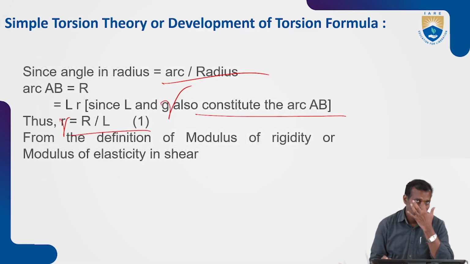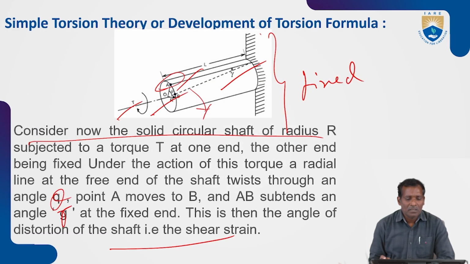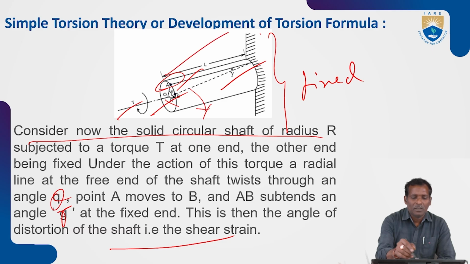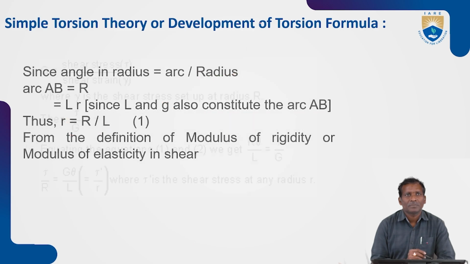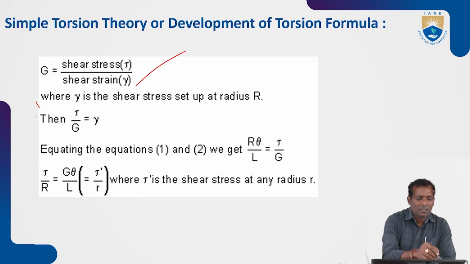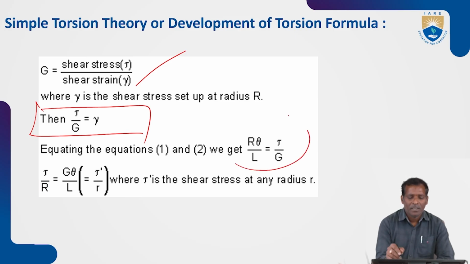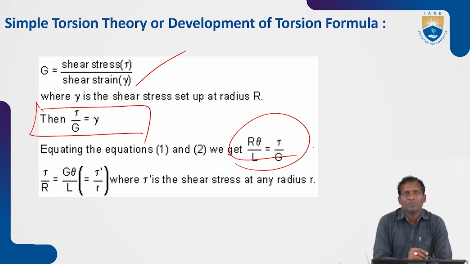See here, gamma is equal to R theta by L. As per definition, if tau is the shear stress set up at radius R, then tau by G is equal to gamma, where G is the modulus of rigidity. Now equating equations 1 and 2, you will get R theta by L is equal to tau by G.